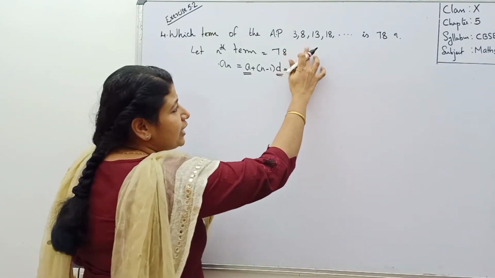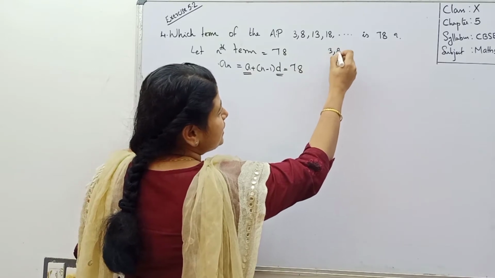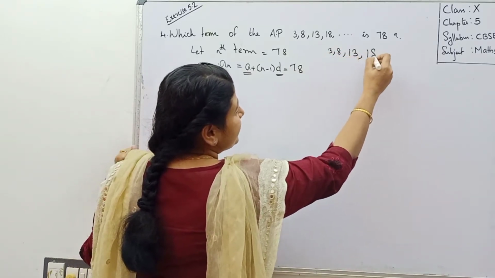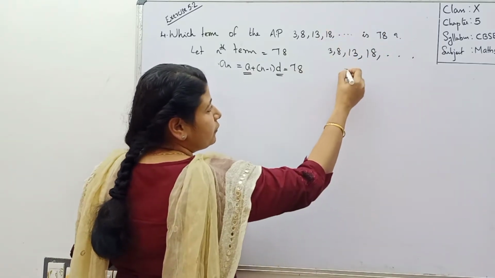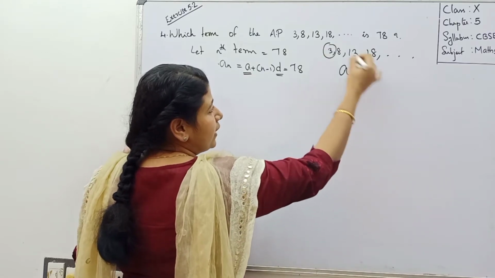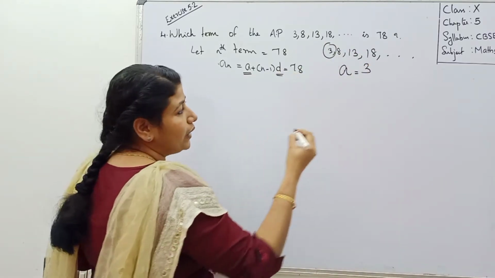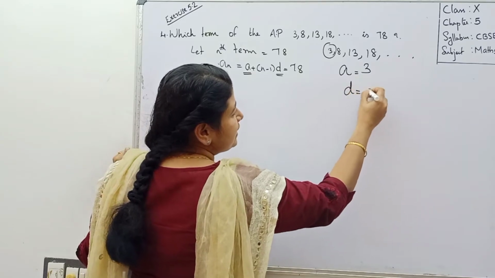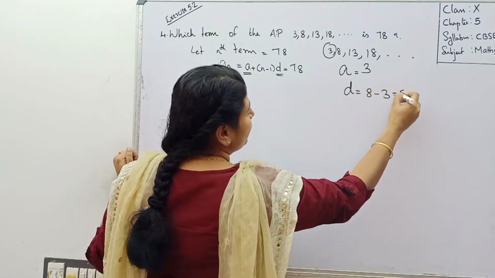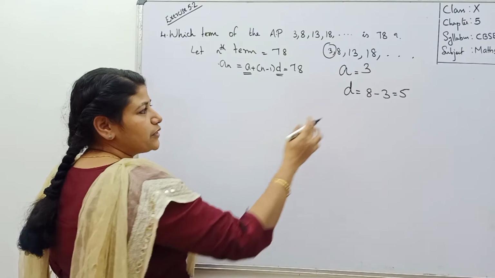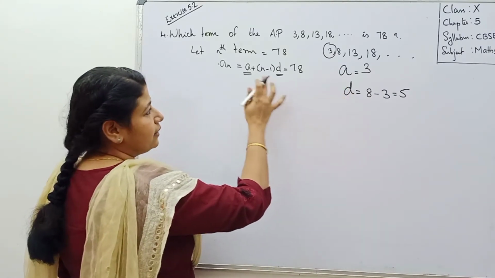So from this sequence, this is our sequence 3, 8, 13, 18 etc. What about the first term a? First term is this one, 3. What about the common difference? Common difference d is 8 minus 3 which is equal to 5. Now substitute the values of a and d in this equation.